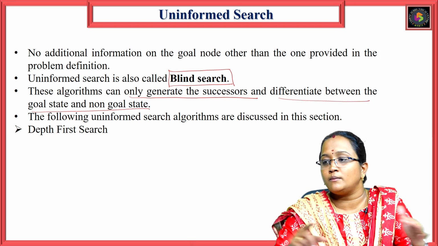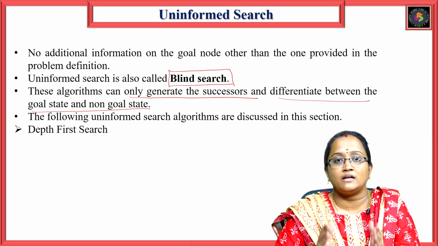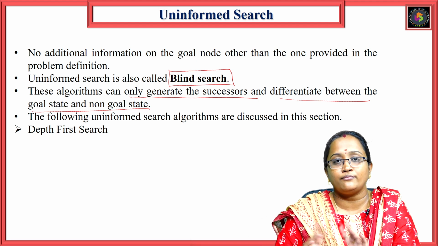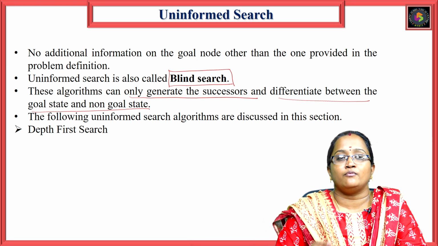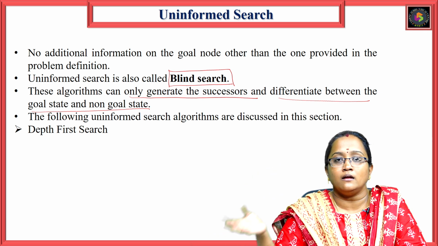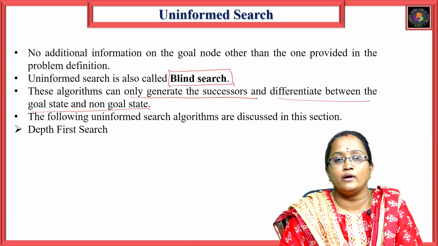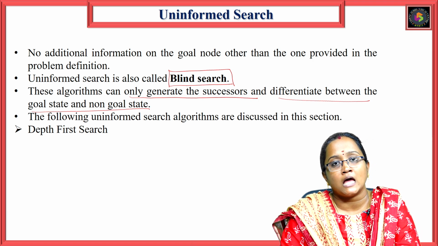It will generate all the possible states. After that, we differentiate whether we have reached the goal state or not. So blind means we only have to start and end, and at the end we find out whether the ended state is a goal state or not. Because of that, this search algorithm is called a blind search.